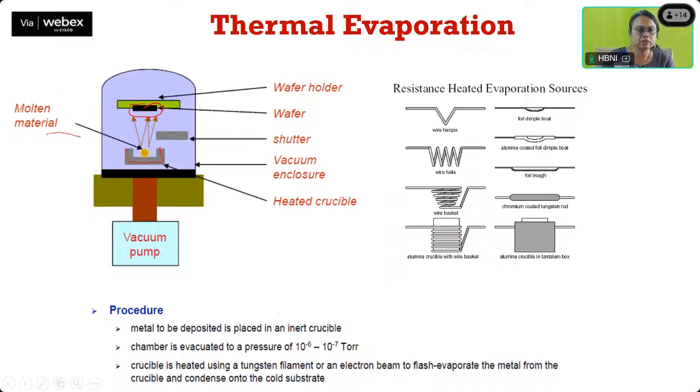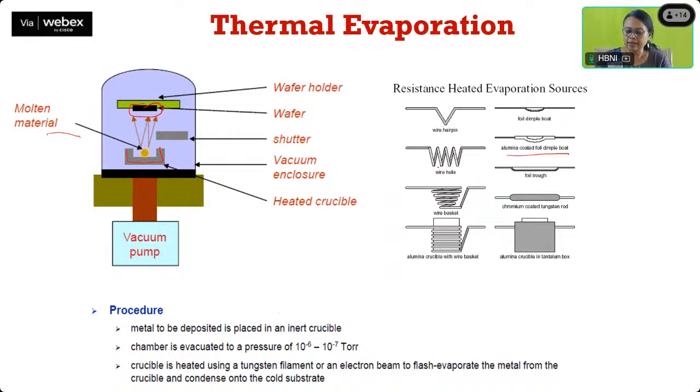Here also a crucible is there, but it is not similar to what we were seeing in case of single crystal growth, because here the material is very less. So we can have a wire of tungsten, molybdenum, very high temperature materials, or a foil boat, or an alumina coated boat.